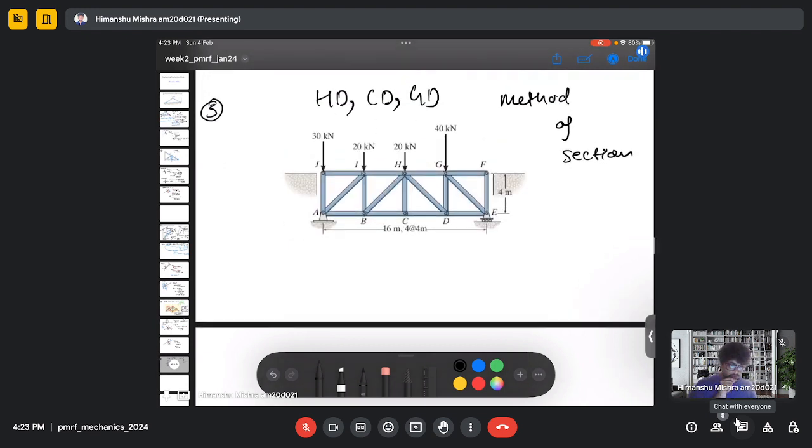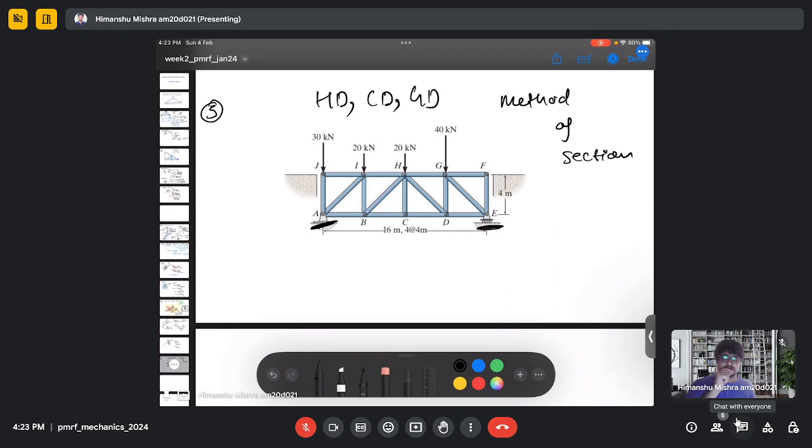In order to use the method of section, it is always advisable to first calculate the normal reaction forces at the joints, because in the method of section we divide the truss into two parts.